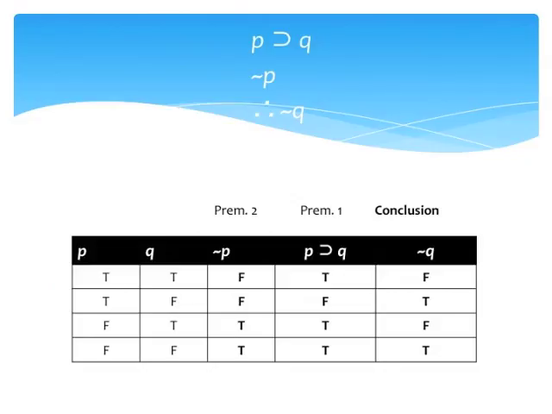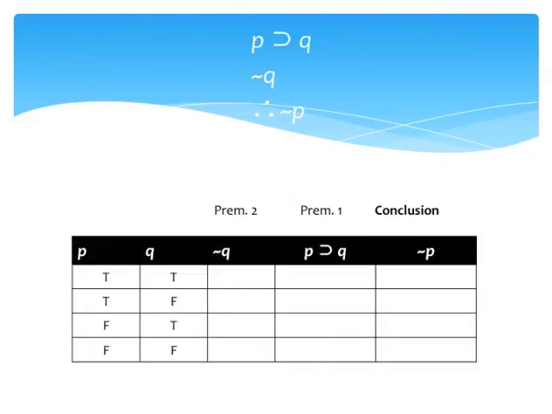Is there any row in which the premises are all true and the conclusion false? If you pay attention to row number 3, you can see that both premises are true and that the conclusion is false. So we have a counterexample, which shows that the form is invalid. By the way, this invalid form is called denying the antecedent.